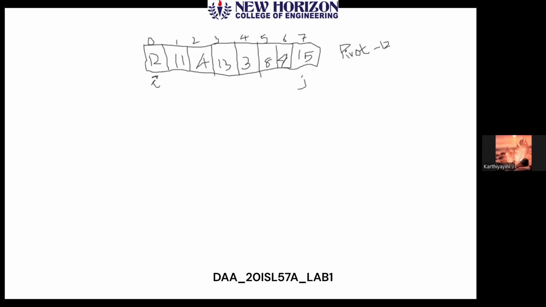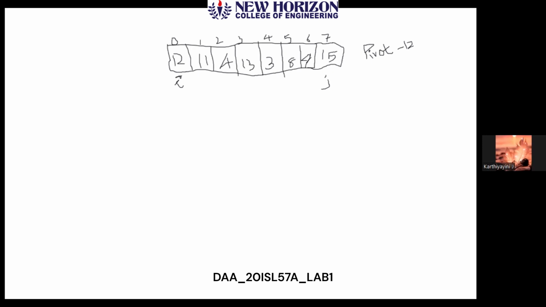First, I'm going to take the array name as a. The pivot is equal to 12. So I'm going to compare a of i. Again, I'm telling you, i is used to represent the index variable.